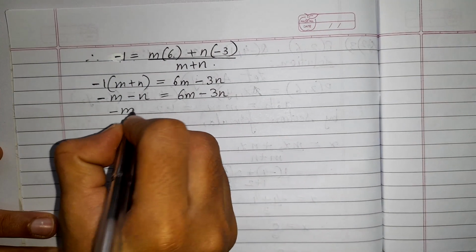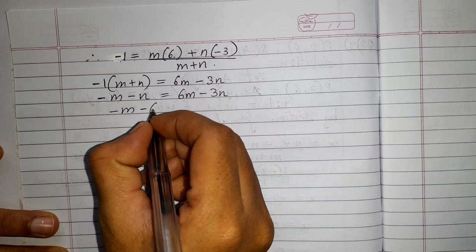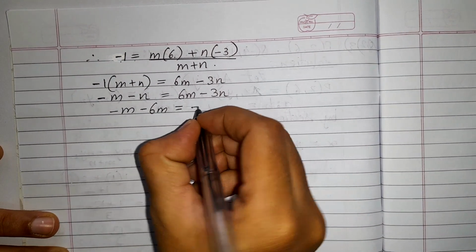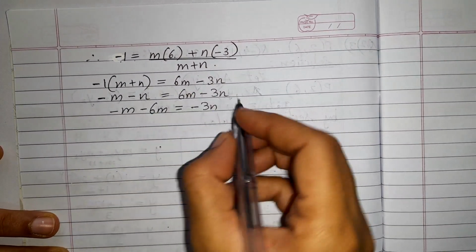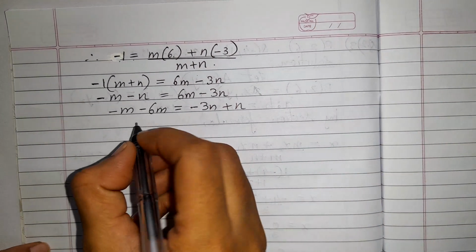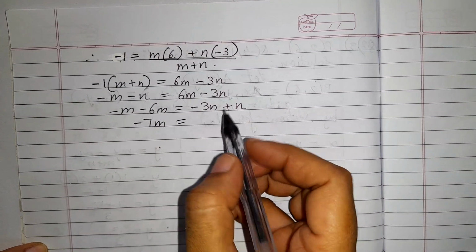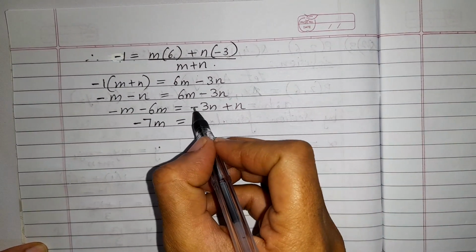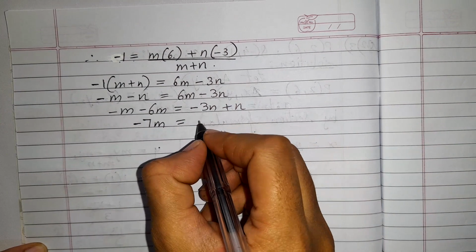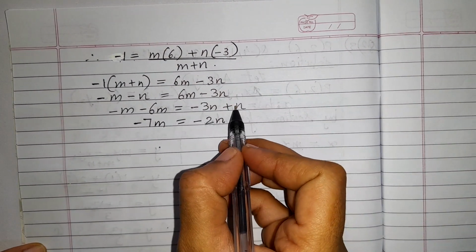So -m, here it is +6m, so -7m equals -3n + n. Minus minus is plus, so -7m equals -2n. 3 minus 1 is 2.